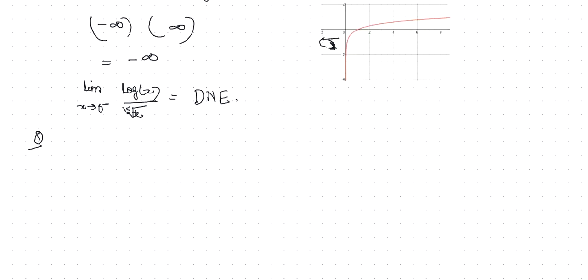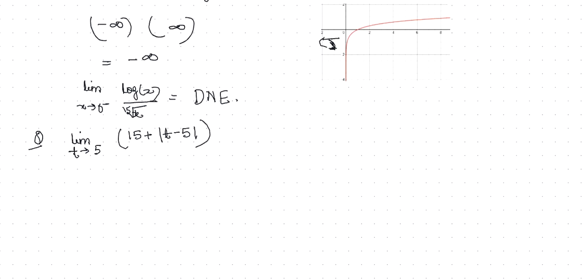So the next problem deals with absolute value. So suppose this is t tends to 5 and 15, absolute value t minus 5. Okay.